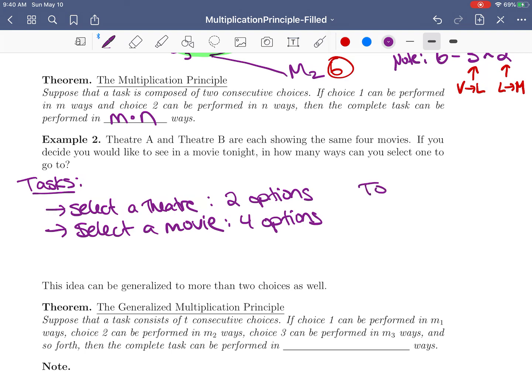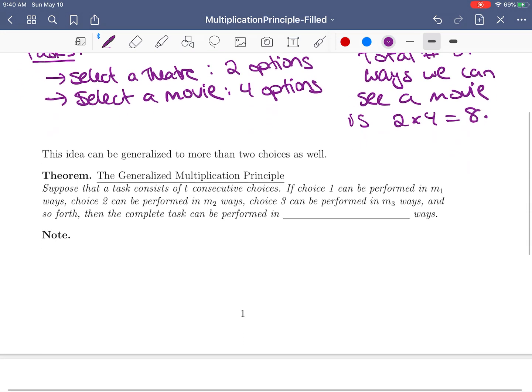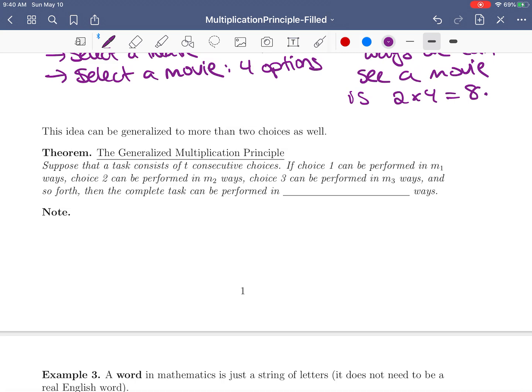So the total number of ways we can see a movie is 2 times 4, so 8. There are 8 different ways. This can be generalized to more choices as well.